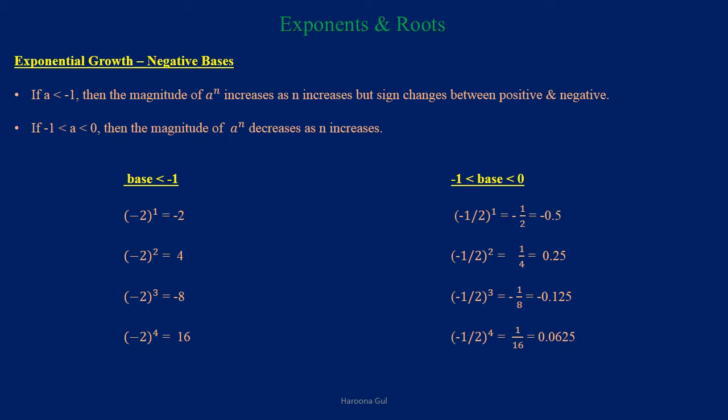Number line in GRE is like your best friend. Here are a few examples of exponential growth when the base is less than -1 and when it is between -1 and 0. Now, if you plot the answers on a number line, you will get very interesting results.